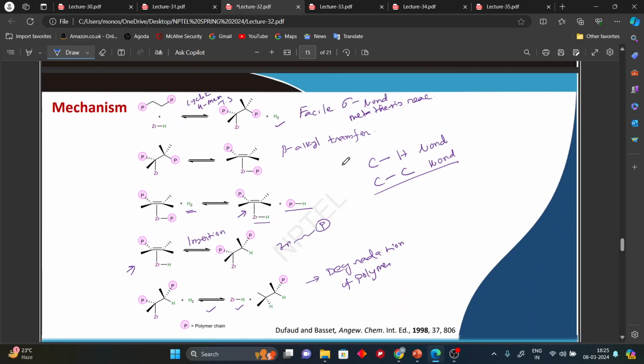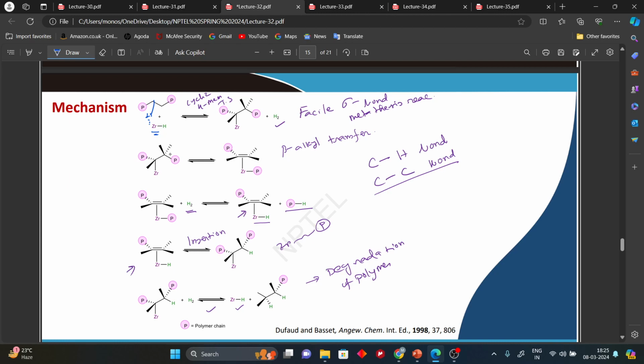Now if we see that particular mechanism, with zirconium based iodide like this, at first it's attached with your alkane chain in this way, followed by C-H activation, you can say.